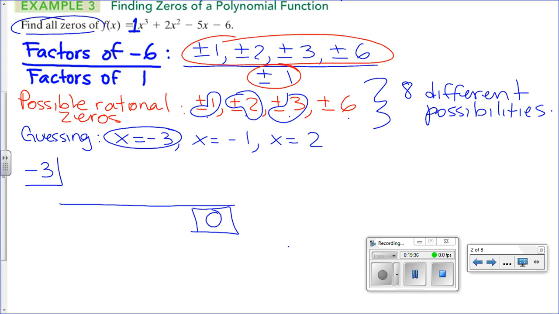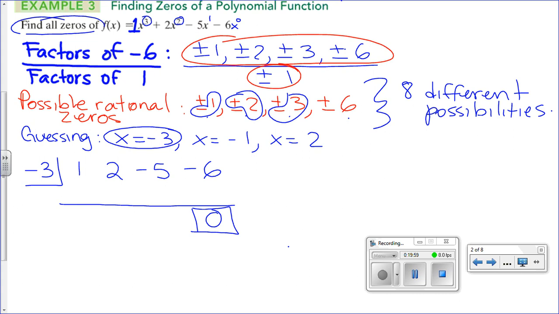And we need the coefficients. We have to make sure that they are in descending order, starting with the greatest power, and that we're not missing any of them. So we have x cubed, x squared, x to the first, and remember the constant term is x to the 0. So we can list the coefficients: 1, 2, -5, and -6.